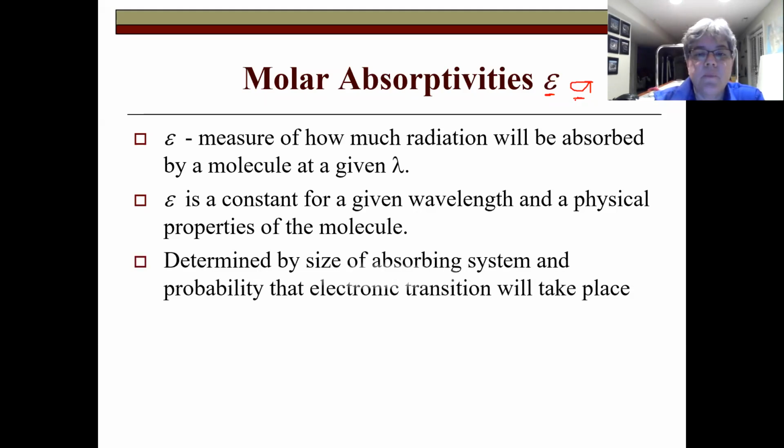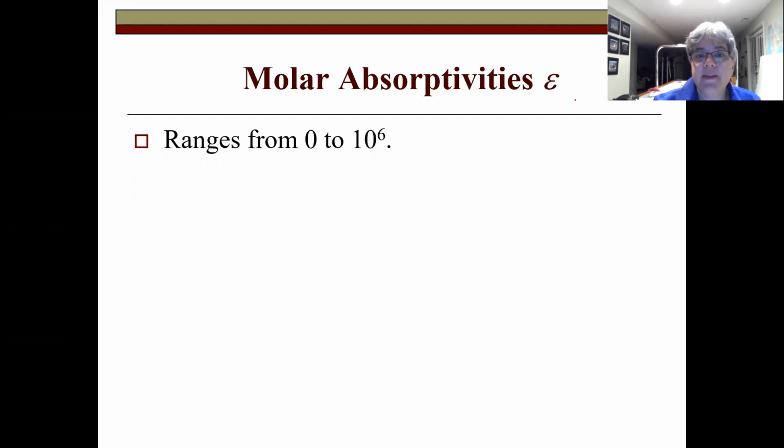Okay, so these molar absorptivities, they're determined by the molecule, by how strongly it absorbs and how likely it is to absorb. And these numbers can go anywhere from 0. Okay, a molar absorptivity of 0 means it does not absorb, all the way up to 10 to the 6th. Okay, so that can be pretty big numbers.